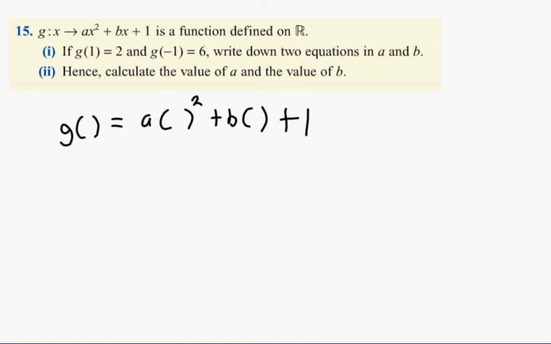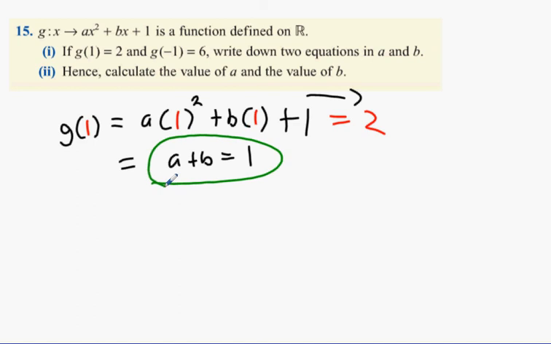Just replace all the x's with 1s. Even if you aren't going to get it completely correct, you're still on a... equals the output of 2. We're going to get a plus b, bring the 1 over the other side, and what do we get? Equals 1. What type of equation is that? 2 letters, 1 equation. We probably need a second equation from somewhere.